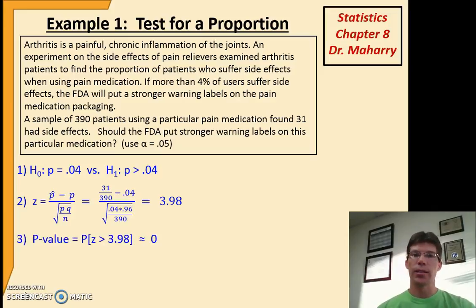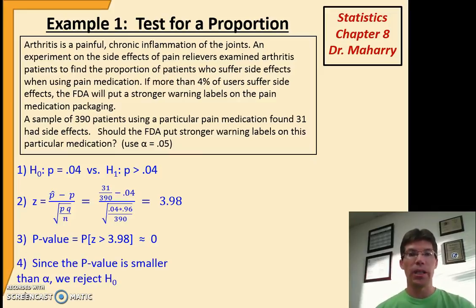So when you go look this up in the table, it's off the table. If you think about it, our standard normal table goes from plus or minus 3.49. This is at 3.98, so it's way out in the tail. So the probability of being bigger than this is almost 0, or approximately 0. Very unlikely that we're that far out into the tails. So this is a very small p-value.